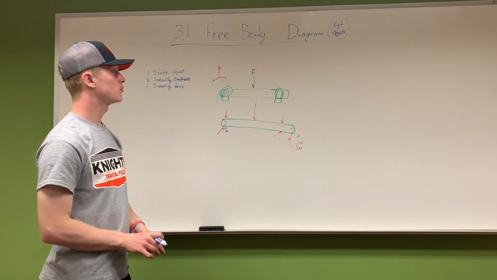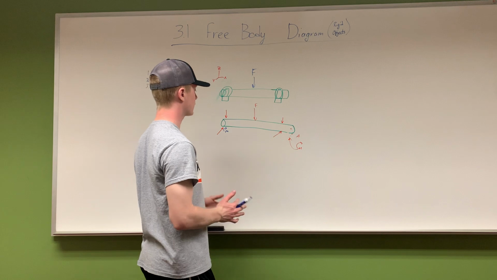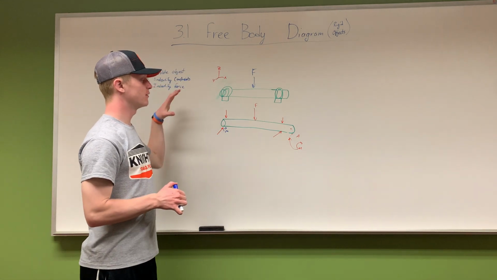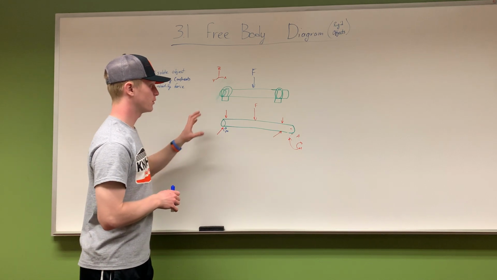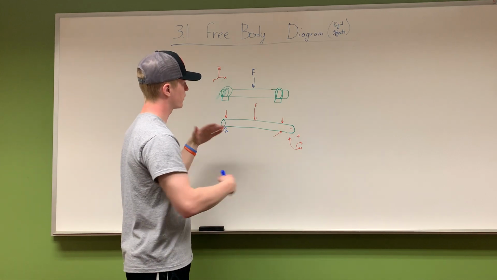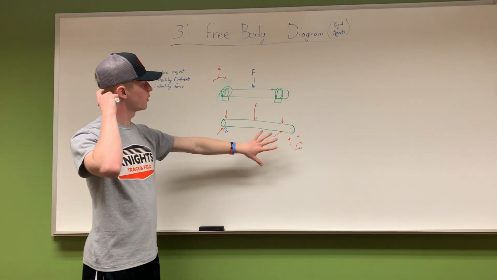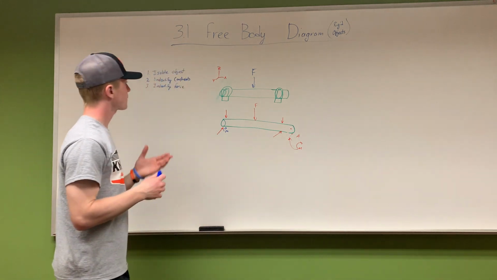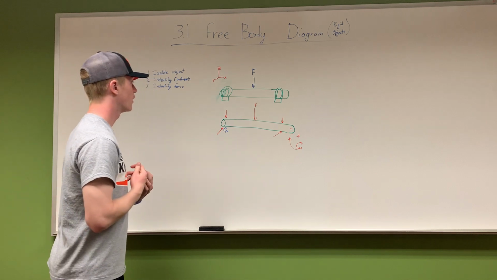So free body diagrams are super useful, and getting good at them is super useful for analyzing objects, especially static objects, because they're in a state of equilibrium if they're not in motion. So that means that everything is equal to zero. Your forces, your moments, so then you can solve for things. If you knew this, you would be able to solve for some of these other forces. You may need a couple more knowns, but that's basically what a free body diagram of a rigid object is.